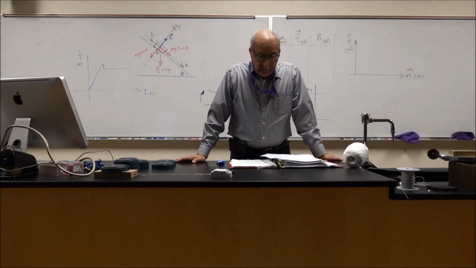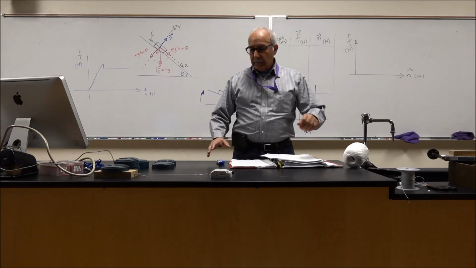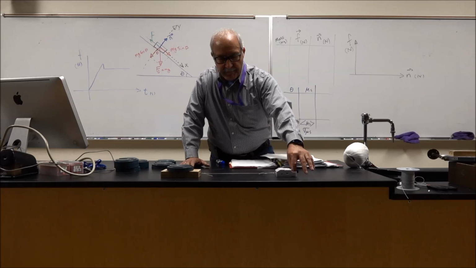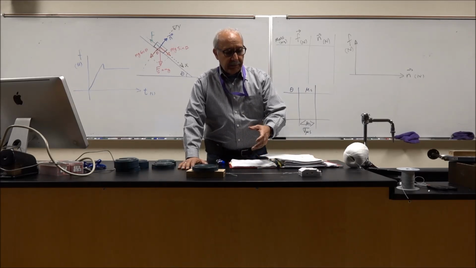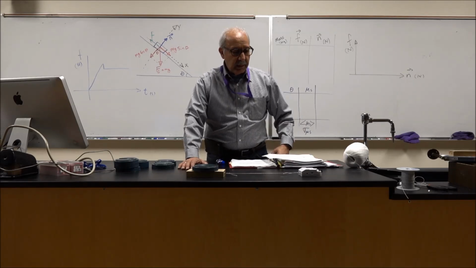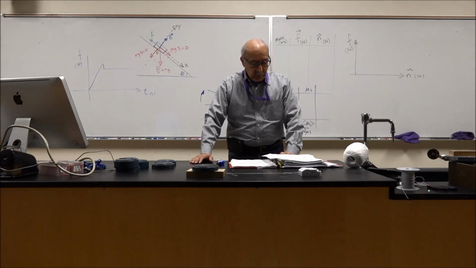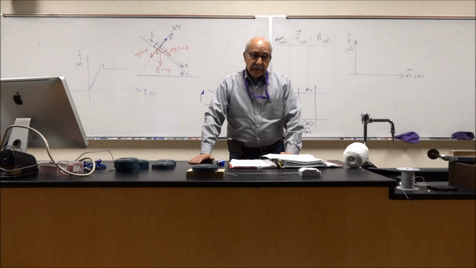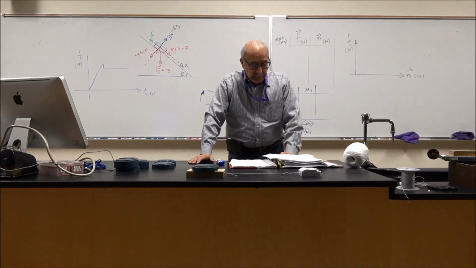The first part of the actual experiment deals with a block sitting on the surface of a table, and we are going to apply a force pulling this block. Again, we find the forces acting on this block and draw the free body diagram.